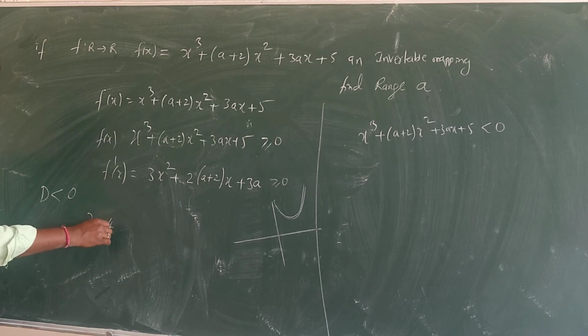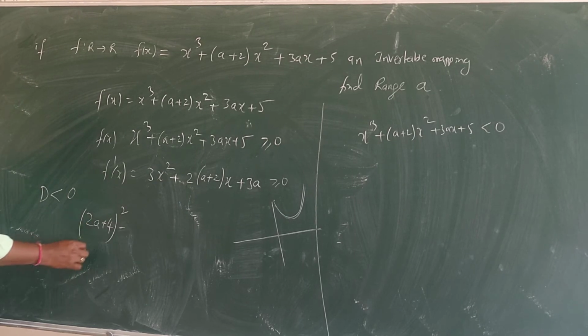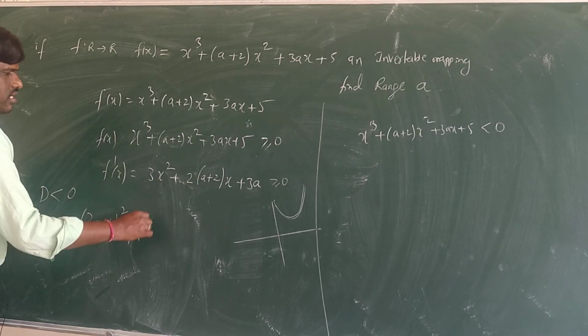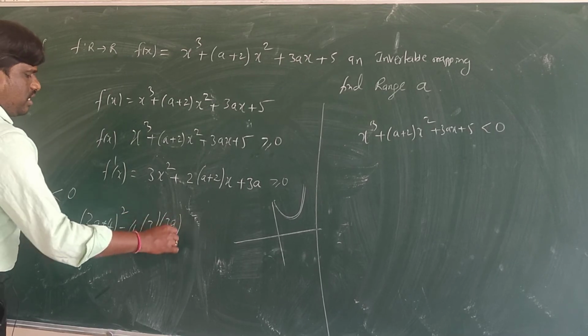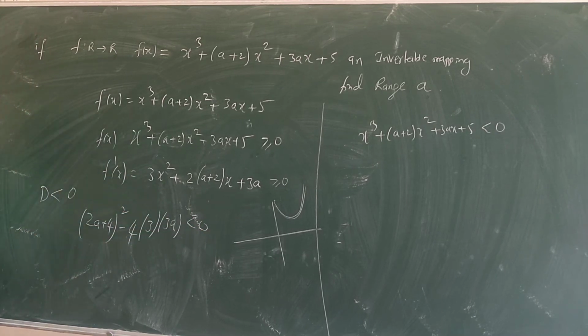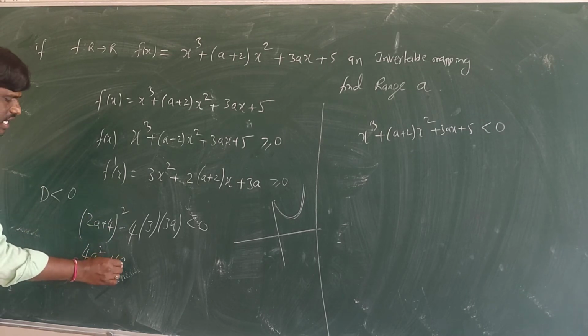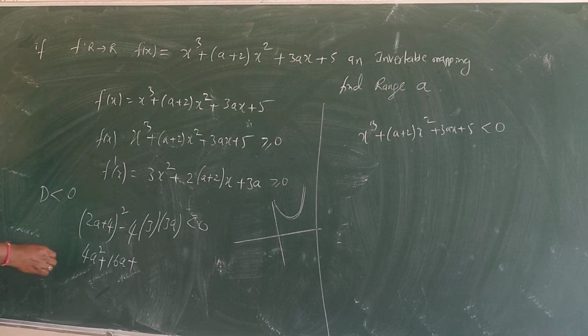2a plus 4 whole square, B square minus 4AC less than 0. Right. Now what do I get? We can take 4 common. So it becomes 4a square plus 16a plus... Can I do one more thing?